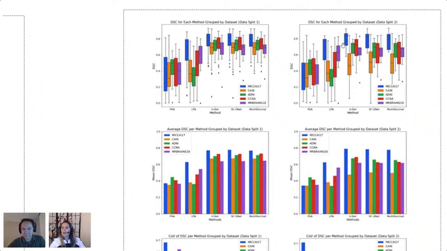So here you can see that each one of these colors is a different data set. A data set is just like, for example, one clinical trial versus another clinical trial. These are all multi-center studies, and they have all GE, Siemens, Philips. They have multiple centers, like the ADNI data set, I think is 60 or 70 centers. We have Kane, a Canadian data set, which is 10 centers, and CCNA 12.